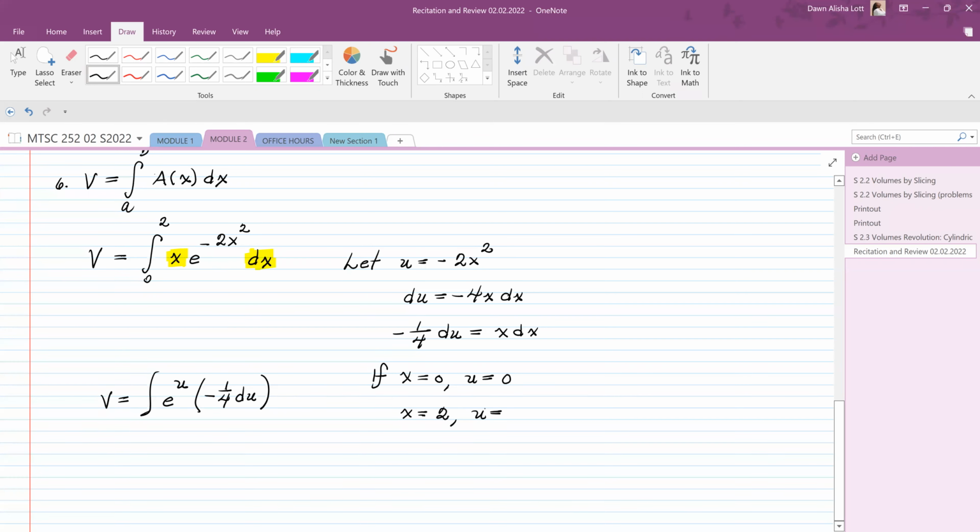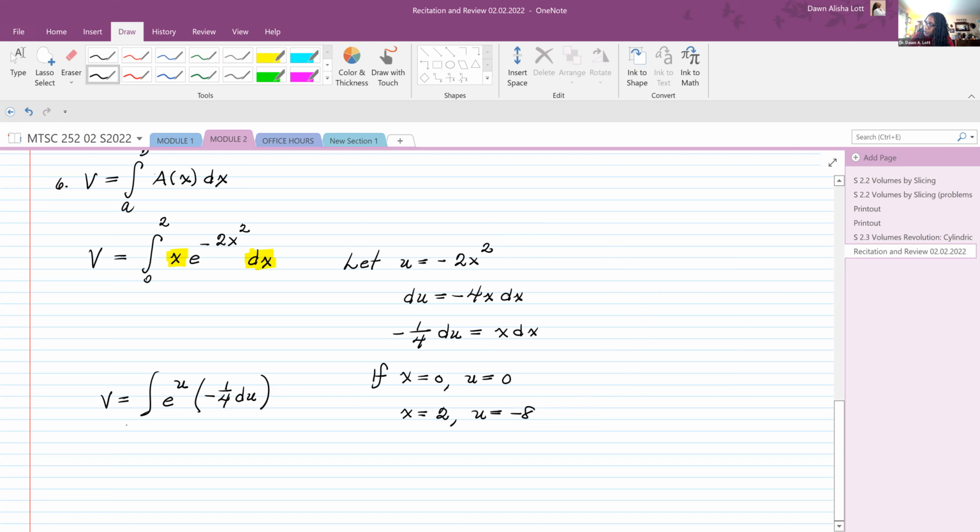Take x equals 2 and plop it in there. Oh shoot, I'm sorry. It's going to be negative 8. Good. All right, so now we can move on.